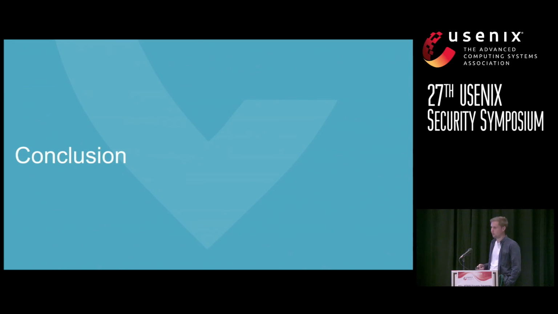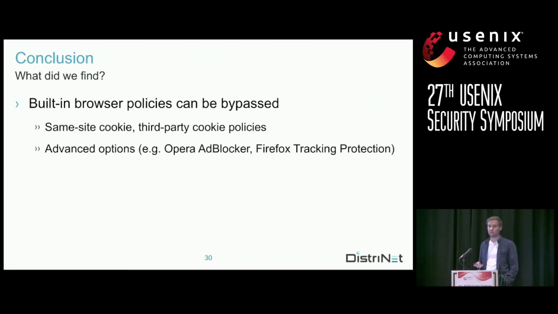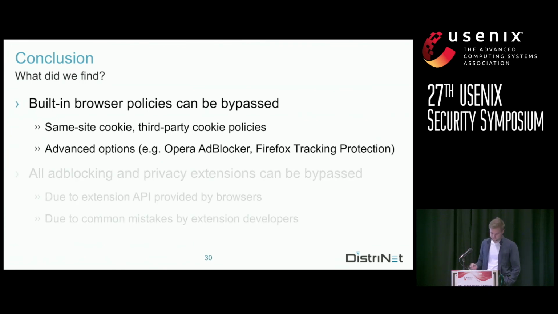So then we've come to the conclusion of this presentation. First, what did we find? We found that built-in browser policies can be bypassed. This holds for the same-site cookie policy, but also for the much older third-party cookie policies. Then as for the more advanced options like Opera Adblocker and Firefox tracking protection, these are also not as effective as we expected.